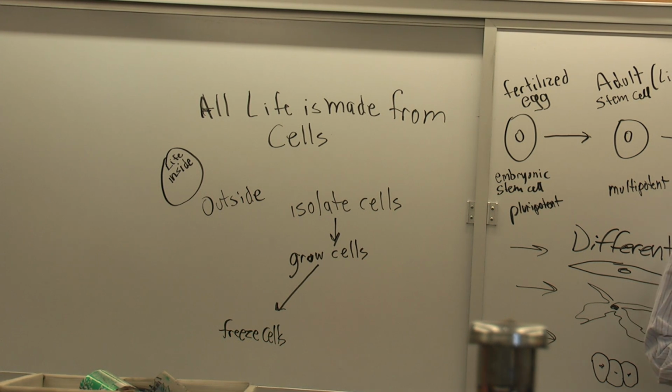I think a lot of times in research, there's an emphasis on using one particular cell, like a particular branded cell. Do you notice that? HeLa cells. You ever heard of HeLa cells? There's a woman, Henrietta Lacks, who had cervical cancer.